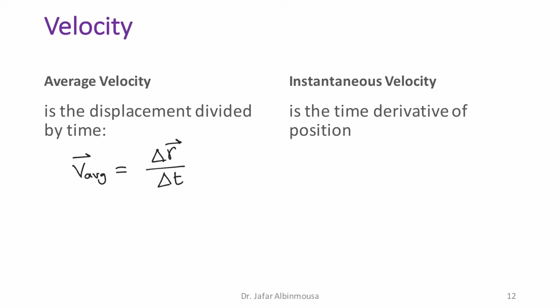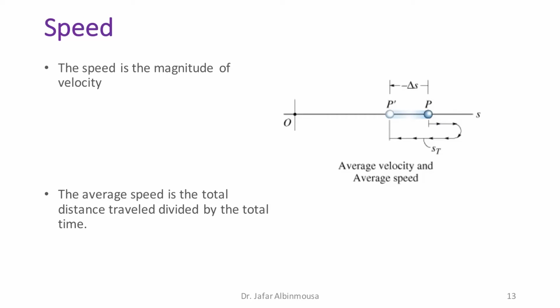Now, we know that this is an average measure. So if we want the instantaneous velocity, it is the limit when delta T goes to 0 of delta R over delta T, which is equal to dr over dt. So this is known as the instantaneous velocity.